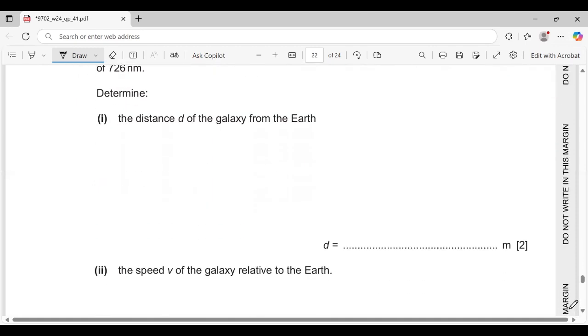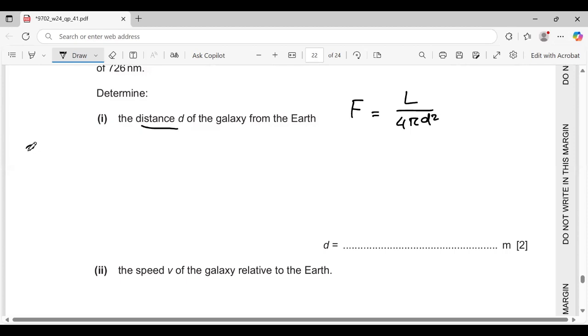I will use this formula F equals L over 4 pi d squared. And I would like to rearrange this formula because we are going to find distance, so we set d as the subject.